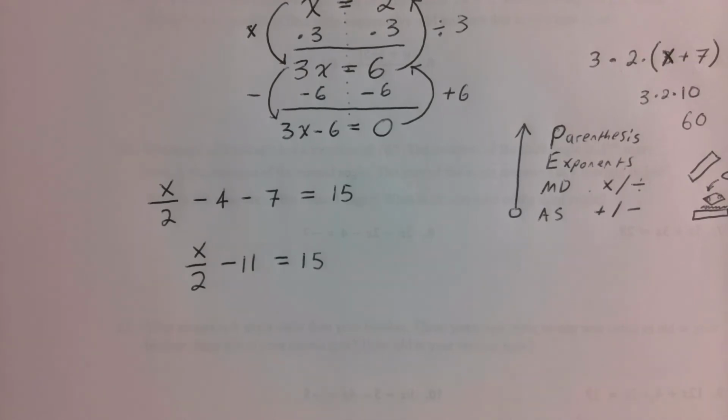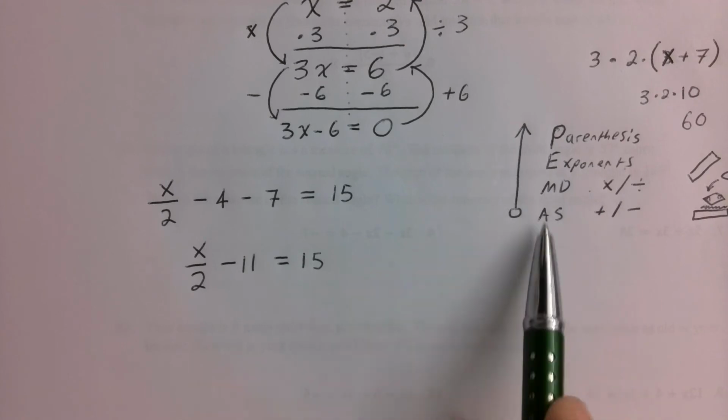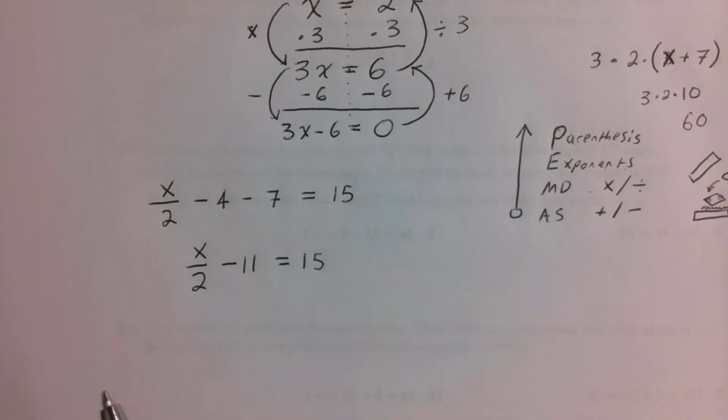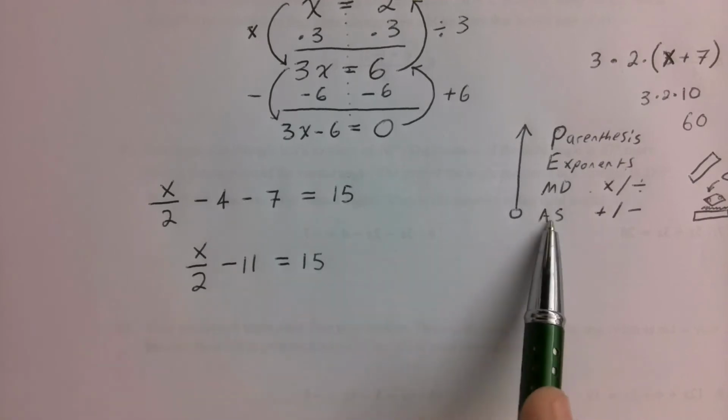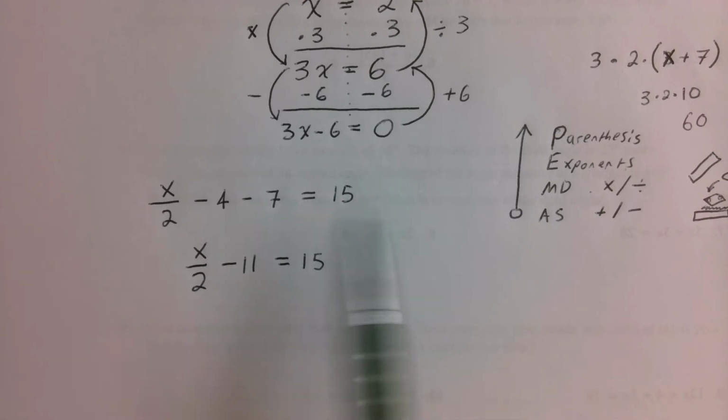In this equation, let's take a look at reverse PEMDAS. What's the first step if we're going in reverse? Well, the first step is going to be this addition-subtraction. To get rid of addition and subtraction, we first have to look and see if there is any addition and subtraction in the problem. And there is. We have minus 11.